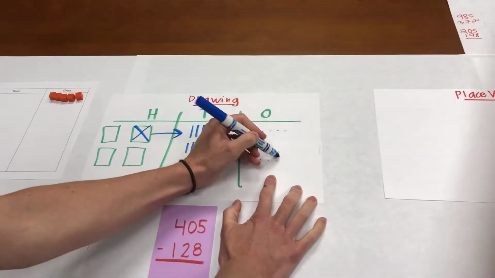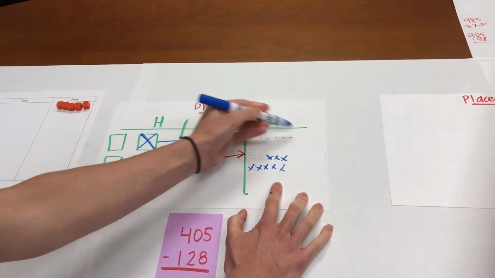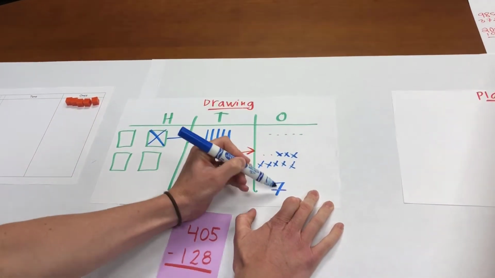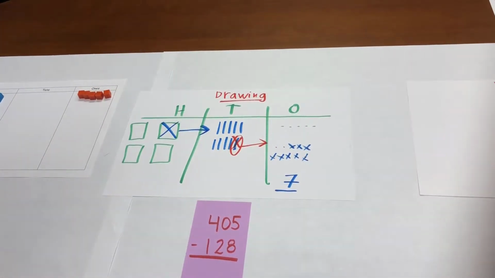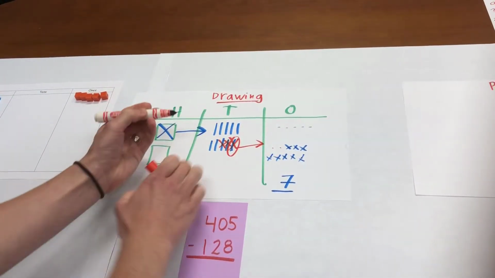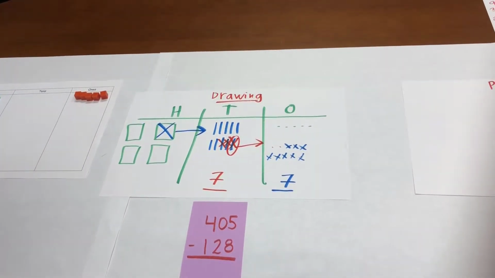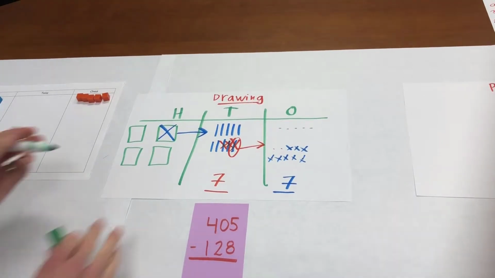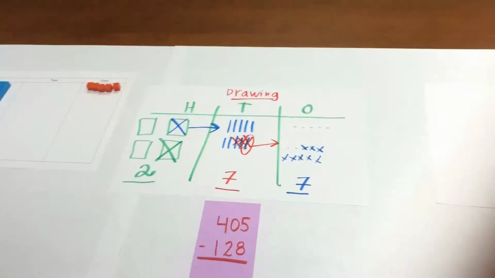I need to take away 8 ones. I am left with a total of 7 ones. I need to take away 2 tens. I am left with a total of 7 tens. I need to take away 100, and I am left with a total of 200.